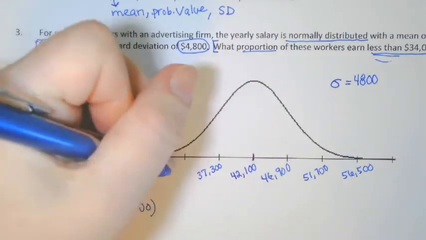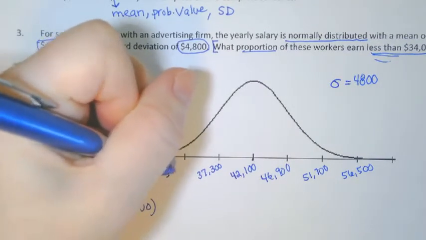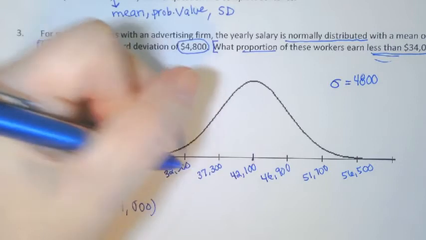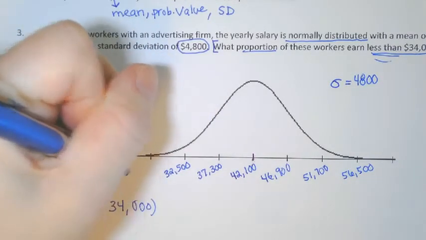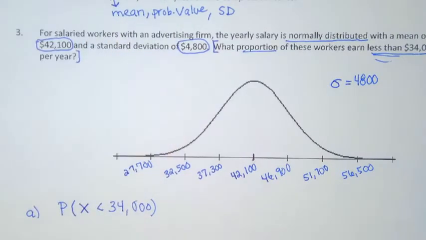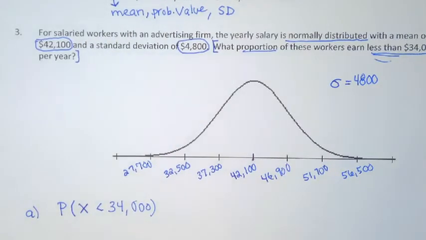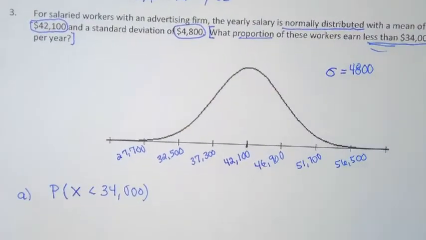So 2 standard deviations below the mean would have a value of 32,500, and 3 standard deviations below the mean would have a value of 27,700. Okay, so we have our mean and all of the standard deviation values labeled.